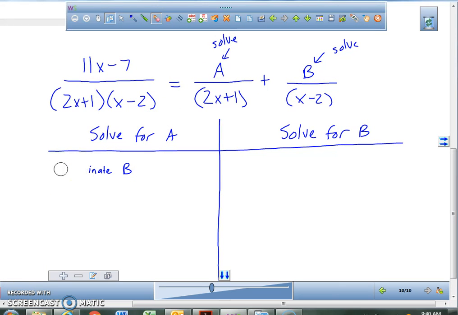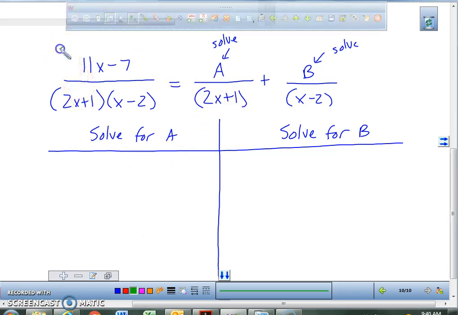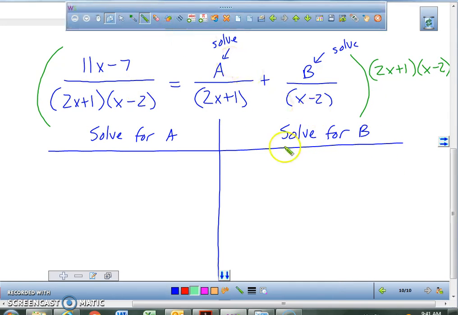Alright, so before we start, what we're going to do is I need to take this whole expression right here and multiply it by 2x plus 1 times x minus 2. Alright? So when I take this whole expression and multiply it by 2x plus 1 times x minus 2, let's think about what's eliminated.